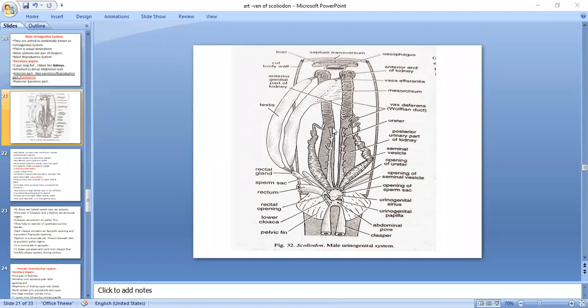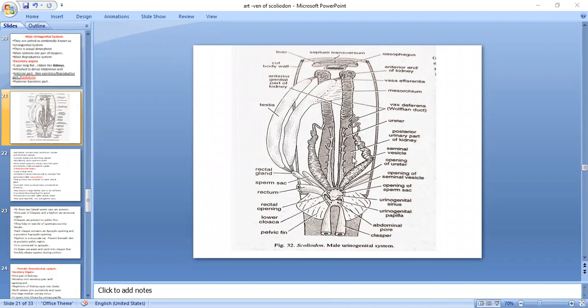They are not well developed, but they do contain these convoluted tubules, and they do contain the Bowman's capsule. And the tubule of the kidney can absorb urea.